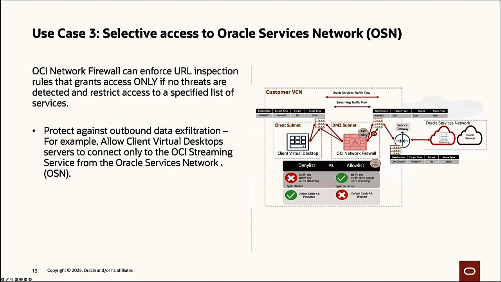For example, a client in a VCN can connect only to a specific service in the Oracle Services Network, not to all of them. In this example, the firewall has been deployed with a selective service policy. The HTTPS traffic is inspected, and the traffic destined to the streaming service URL endpoint is allowed, and all the other traffic is blocked.